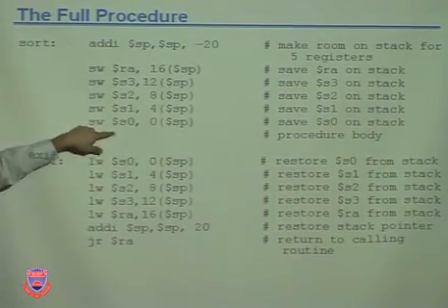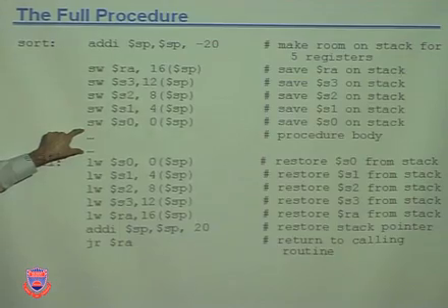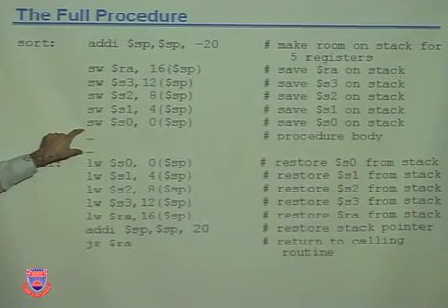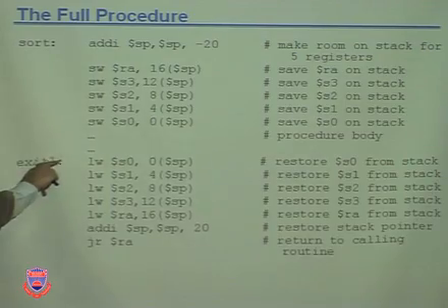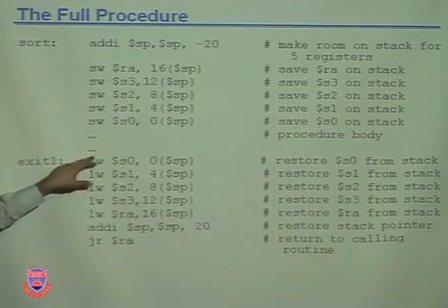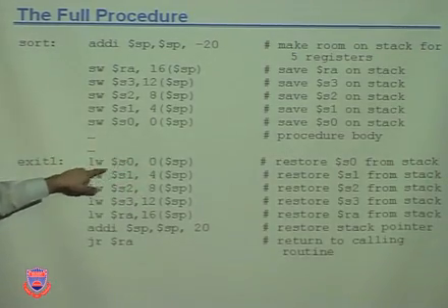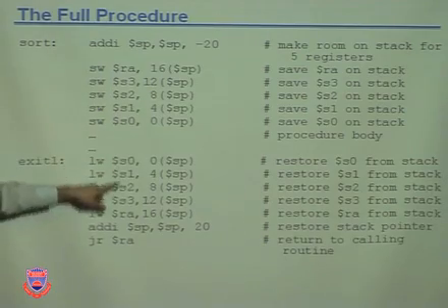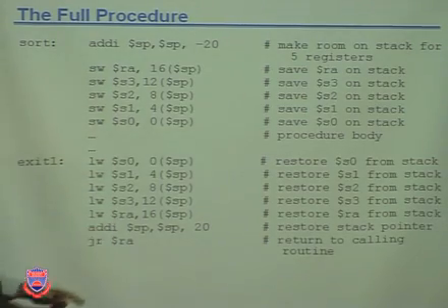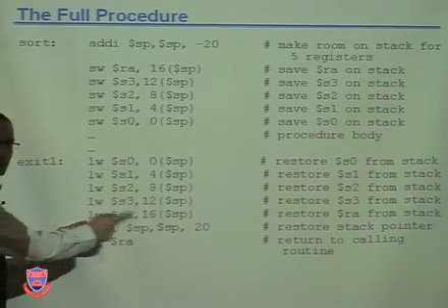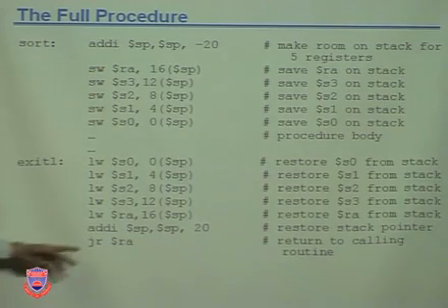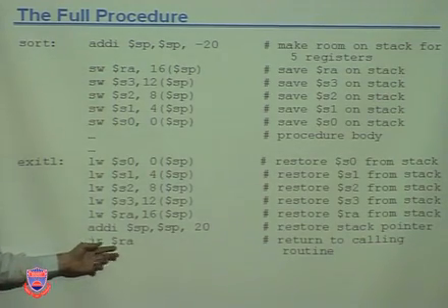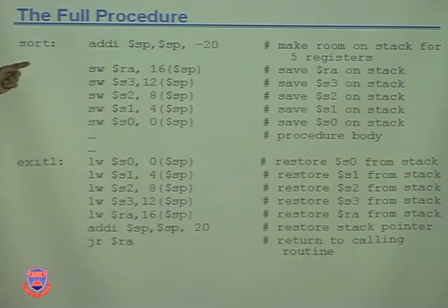So you store them in the stack, you perform the procedure body that appeared in the previous slide, and then whenever you're done, as I said, exit 1, you load these values back into their original registers, S0 through S3 and RA, and then at the end you adjust your stack pointer to release the space that you used before. And this will return to the caller which called this sort method.